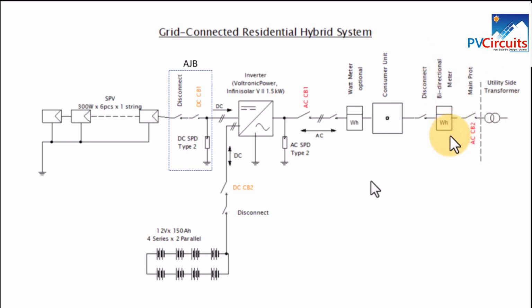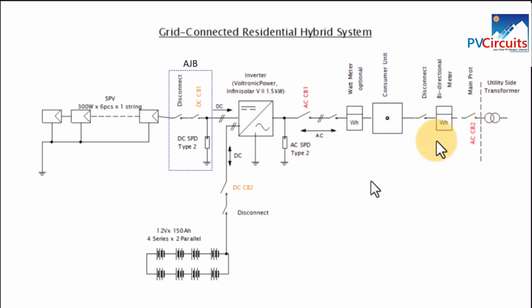Then we have the utility-provided bidirectional meter. The way it works is that when there's excess power from our side, it works in the negative, and when there's power from the grid, it works in the positive, which measures the power coming from the grid.